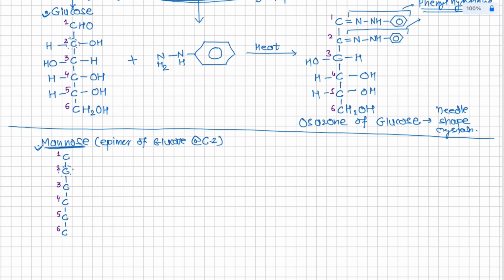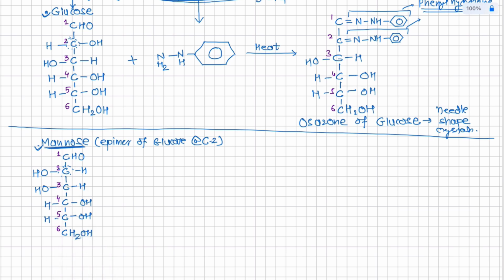It's pointing in the opposite direction. So as in glucose, the second carbon has OH on the right side, while mannose has the opposite configuration on this carbon, so OH on the left side. As everything else is the same as glucose except around this second carbon, we can just copy the rest of the structure from glucose.